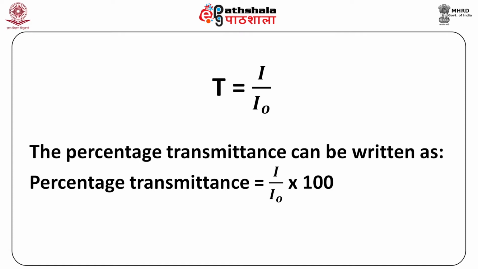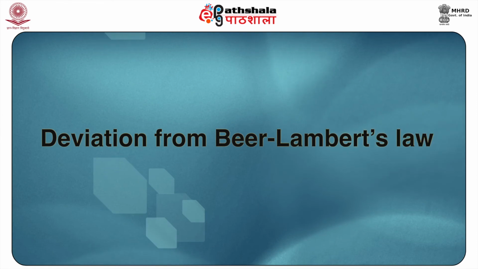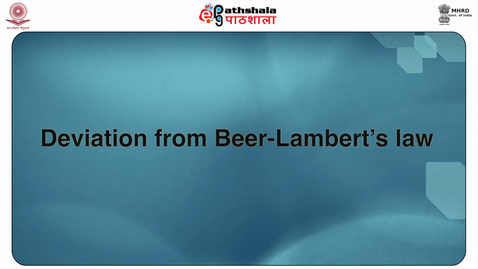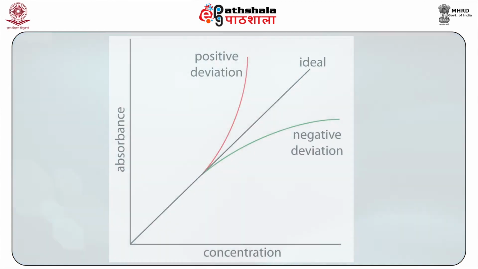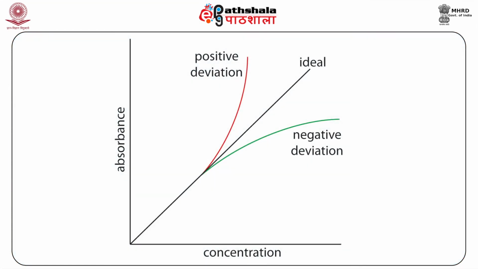So, these rules govern the absorption of a particular substance, but not all samples under observation follow this rule. There are certain deviations from Beer-Lambert law. Under certain conditions, Beer-Lambert law fails to maintain a linear relationship between absorbance and concentration of analyte.